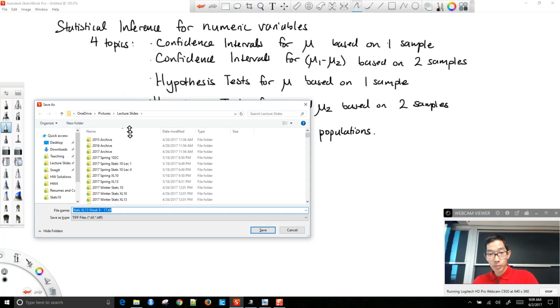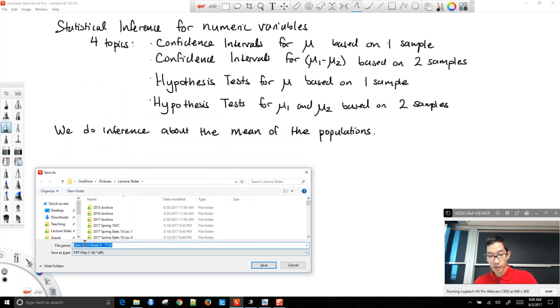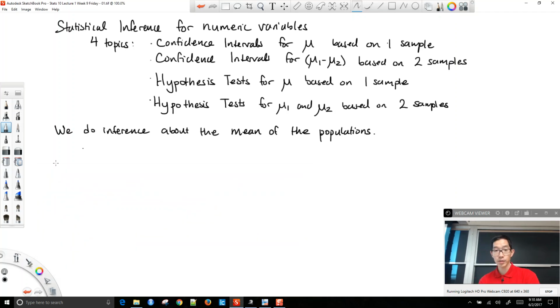A very important part about this is that the homework, I mean not the homework, but the test problems will not say this is dealing with numeric variables or this is dealing with categorical variables. You have to figure that part out yourself. So, very important.